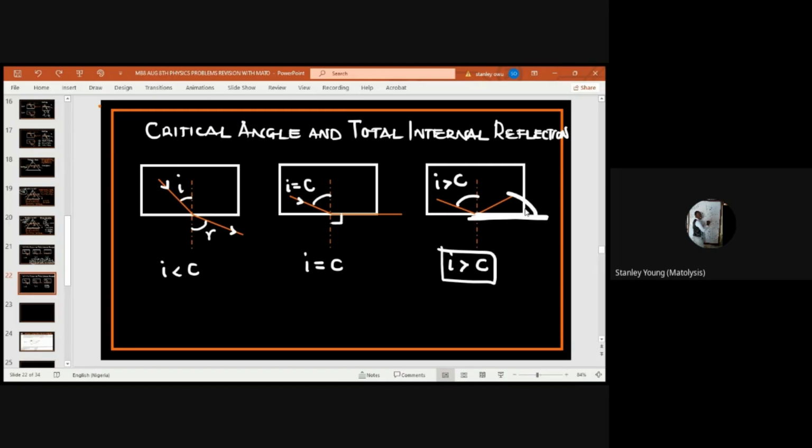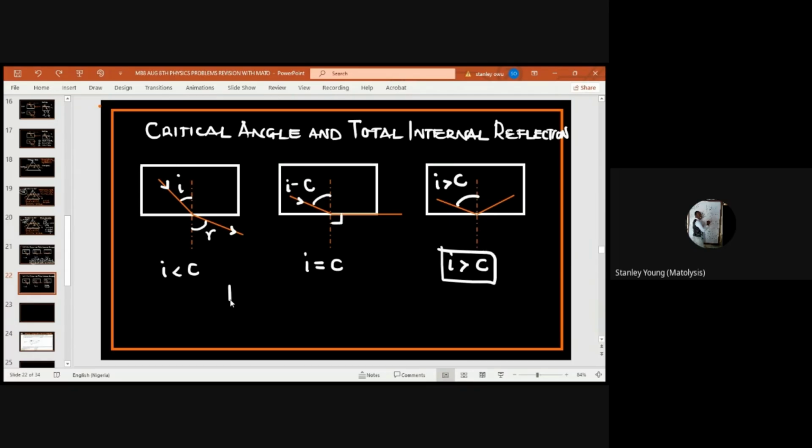So the fact that it has gone straight into the prism means it has transformed from a refraction back to a reflection. You get that? So total internal reflection is just a phenomenon that happens when the angle of incidence is greater than the critical angle for a ray traveling from a denser medium to a less dense medium.